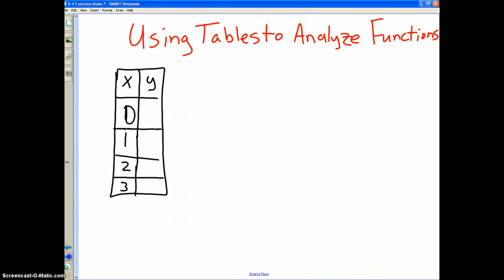And then for y, let's plug in 0, -4, -8, and -12. Let's write a rule for this. It's a little different because we're not starting at 1, we're actually starting at 0, and they're giving us x and y. So we're going to talk about x as our input and y as our output.